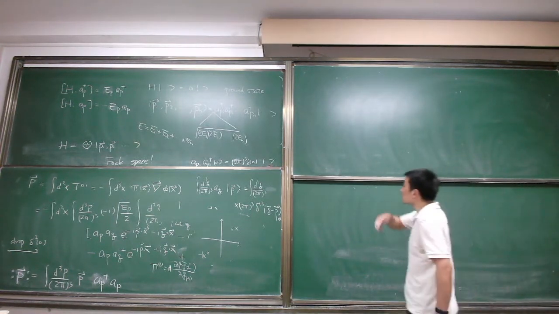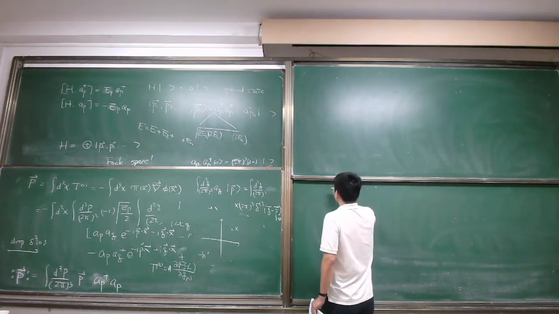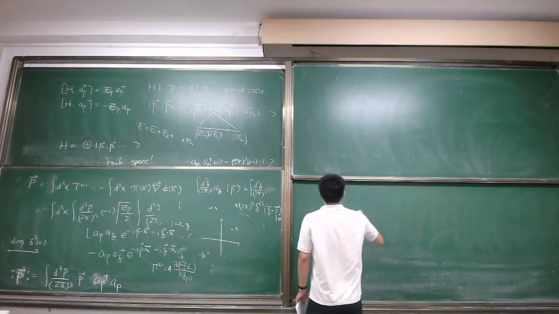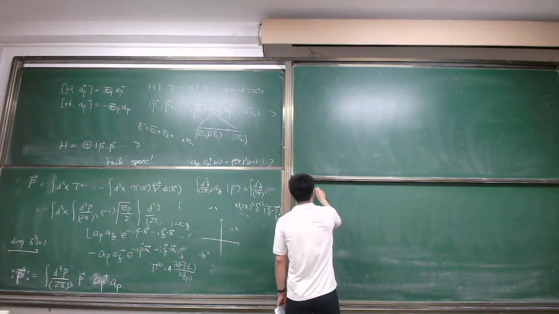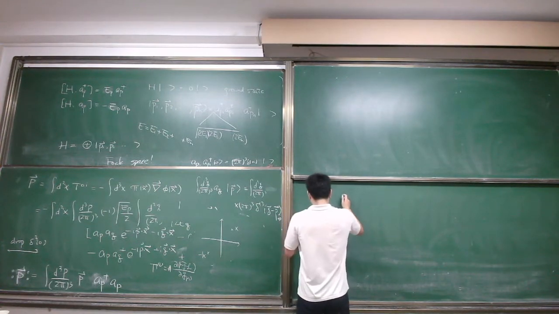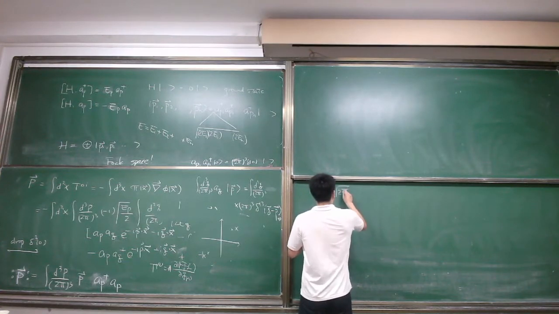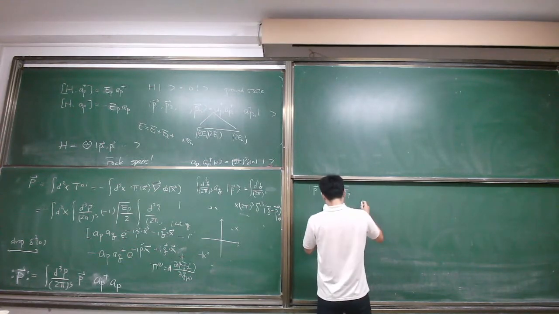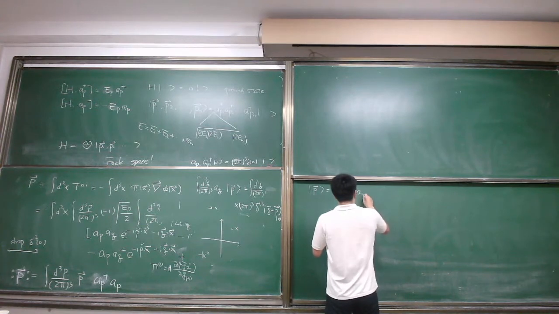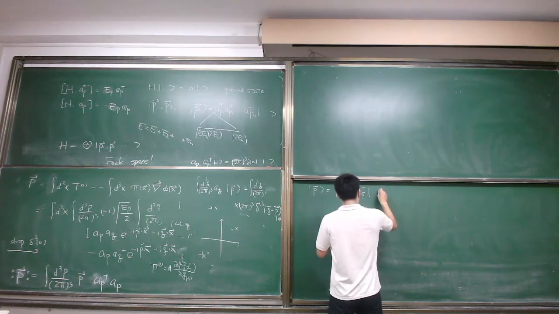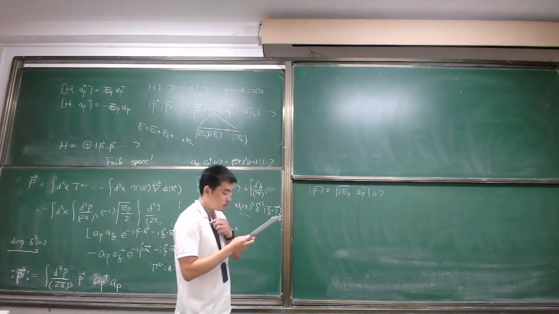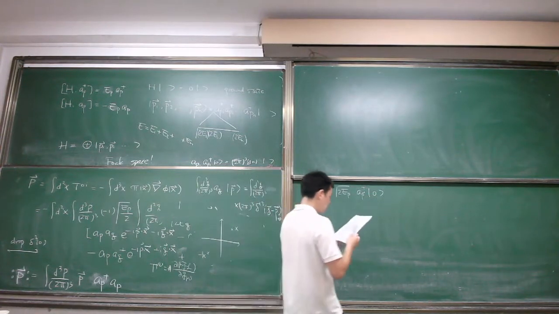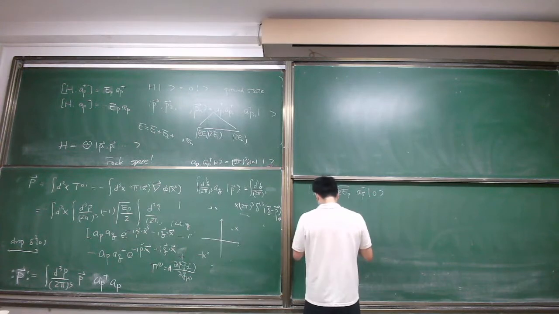So what we did is that we define the vacuum this way. And the reason why we put the square root of E_P is as follows.